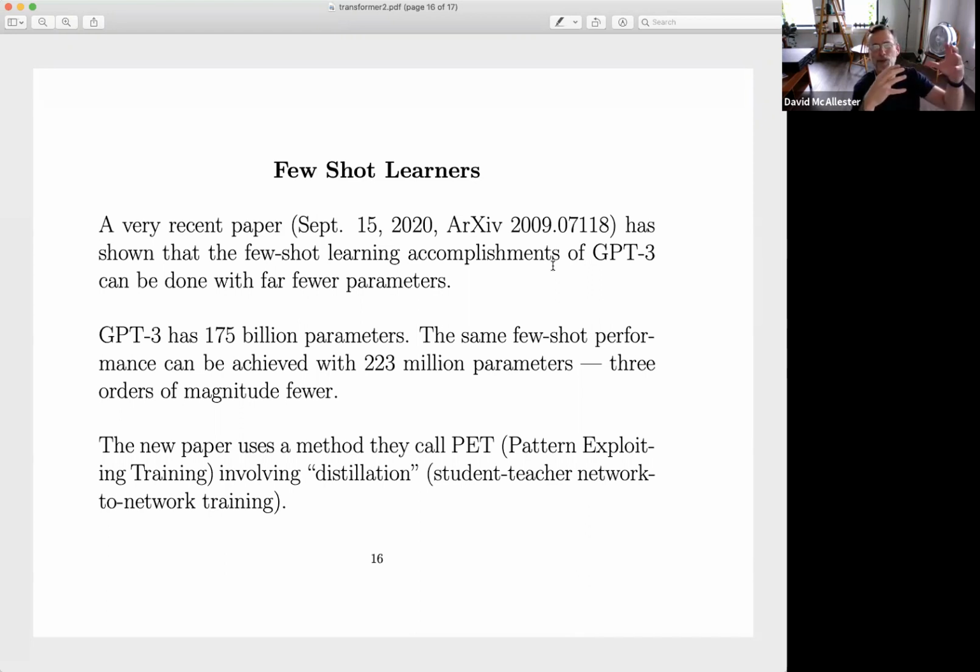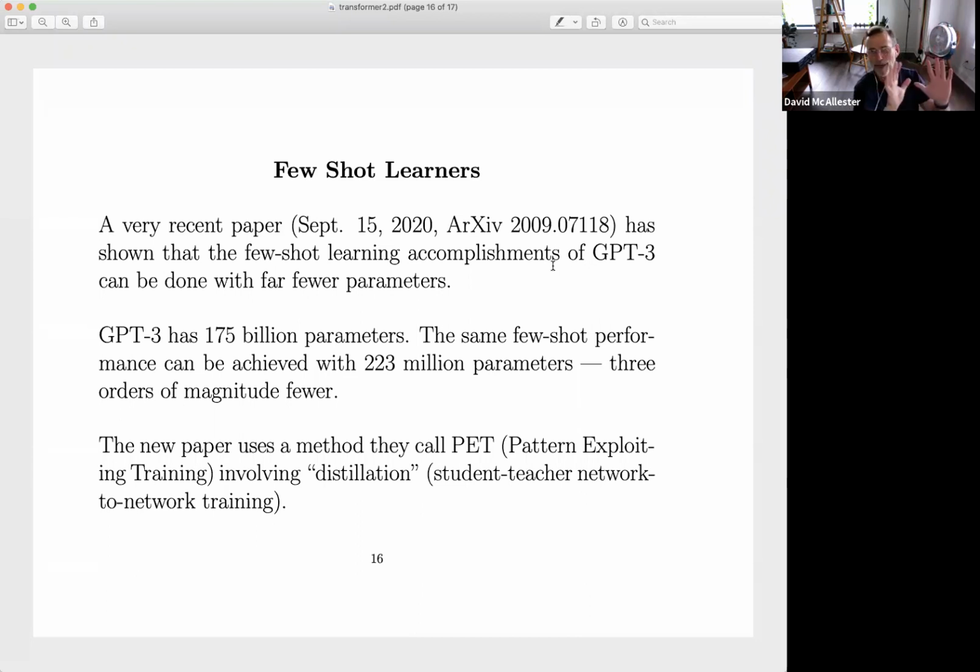It's typically used when you train a big model and you want a small model that has the same performance. You treat the big model as a teacher and the little model as a student. It's been shown that you can get little models that perform well when you train a big model and distill it, but it doesn't work to try to train the small model directly, even though, of course, the small model has in its parameter space the ability to do well because it can learn from the big model.